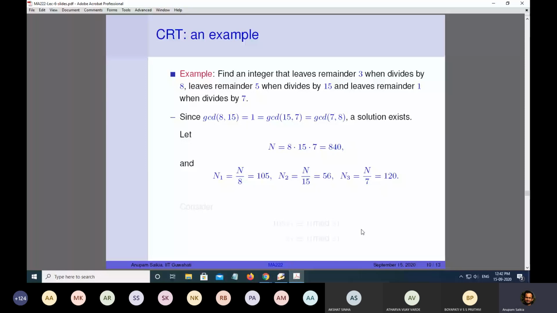Now you have to solve this. First, you have to solve 105 x1 congruent to 1 mod small n1, which is 8 in this case. This is capital N1 and this is small n1. A good thing to note is that 105 is basically 1 mod 8 because 105 is 8 times 13, I suppose.